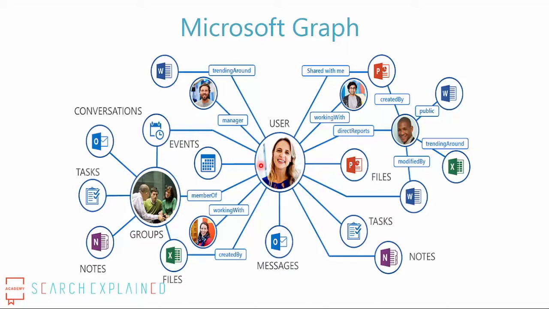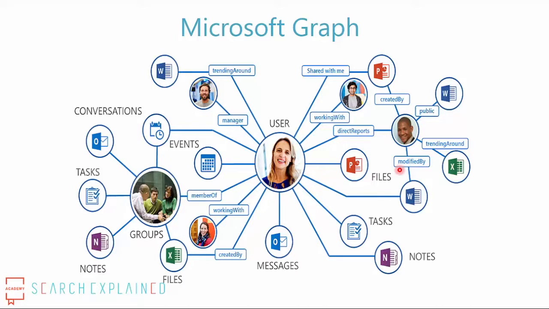Each node is either a person or a document or an item like a task or a message, an email, or a file somewhere in Office 365. And the relationships can be many types. Like you can work with someone, you can report to someone, a document can be created by someone, it can be modified by someone, etc.